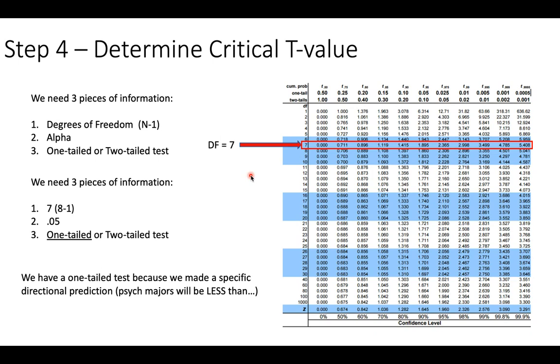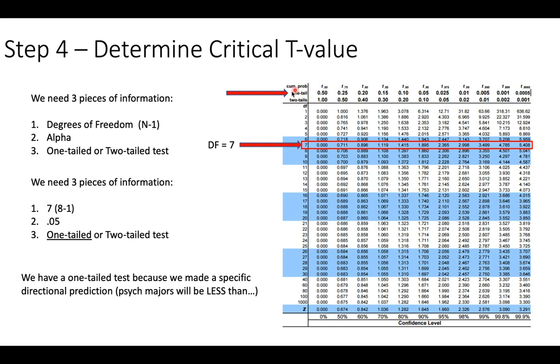Now up here at the top, it's going to tell us which column to use. And this is where we combine our two other pieces of information. So we have a one-tailed test, so we need to identify alpha, which is 0.05, along these one-tailed numbers at the top. If we had a two-tailed test, then we would be identifying alpha here on the second row of numbers.